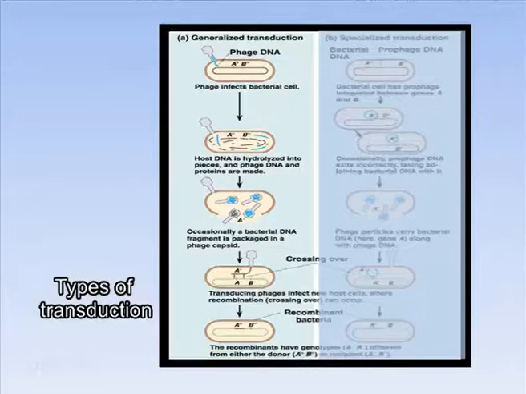Now, broadly the transduction can be divided into two main types: generalized transduction and specialized transduction. Let us see the differences between the generalized and specialized transduction with the help of this diagram. So as we can see, this is the donor bacterial cell of the genotypic composition A+ and B+ in both the cases. Now when a phage is injecting its DNA, what is happening?